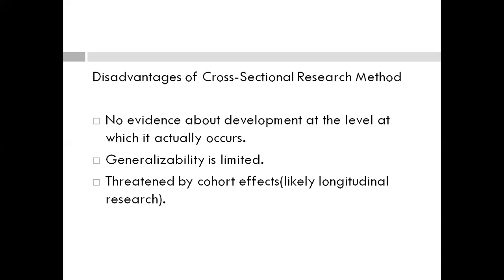They did not extend the time because of comparison of one age group with another age group, and it is threatened by cohort effects, like longitudinal research. There are also cohort effects that may not really represent age-related trends. It is not only age-related trends, it is a change due to the influence of the external environment. So these are the things we have to know under the topic of cross-sectional research method.